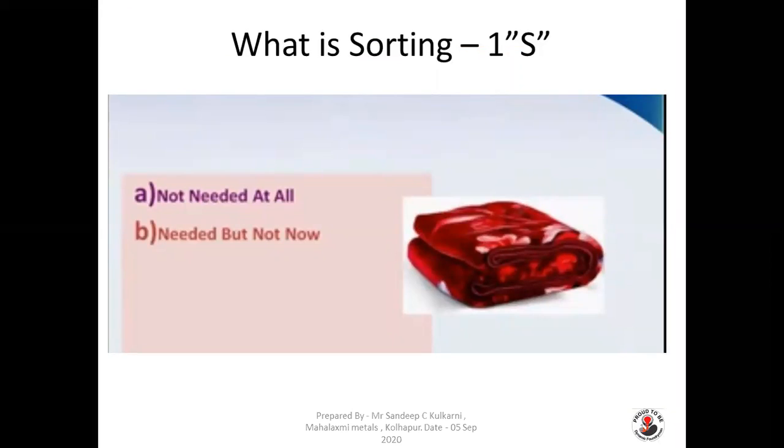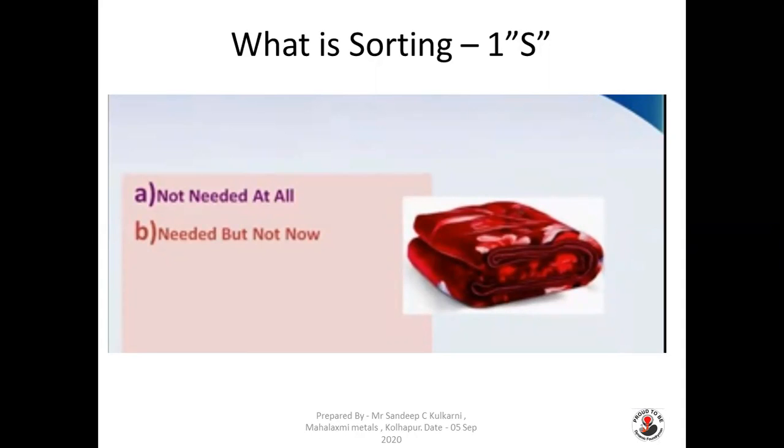Then we go to sorting, that is 1S. The second part is needed but not now. The material is required but it is not required right now. For example, we have a raincoat or umbrella required in our rainy season, but we can't keep it in our hall. Or we have material like blankets or sweaters which are required in the winter season, but we will not keep those blankets and sweaters in our regular almari.